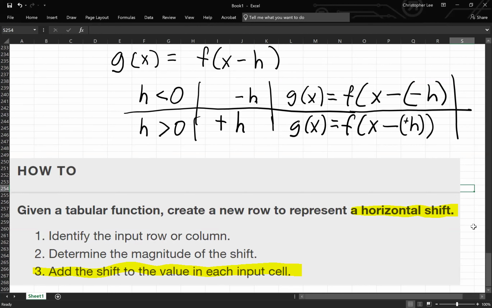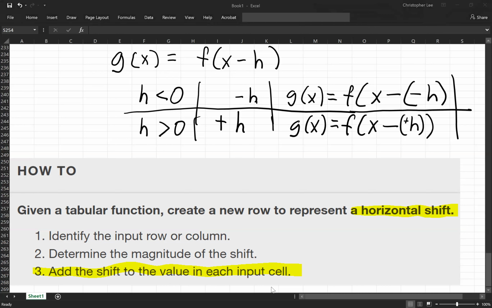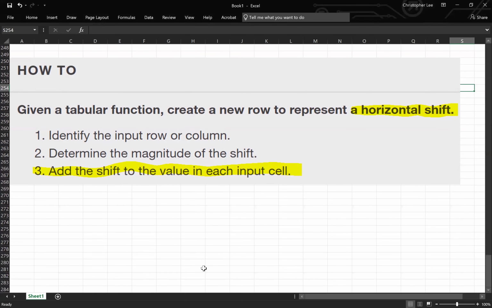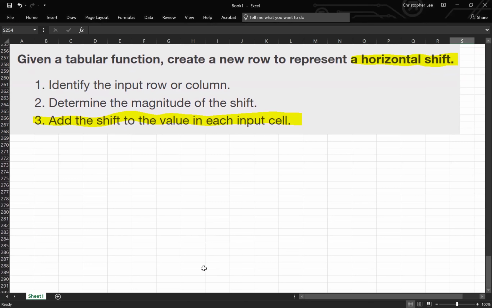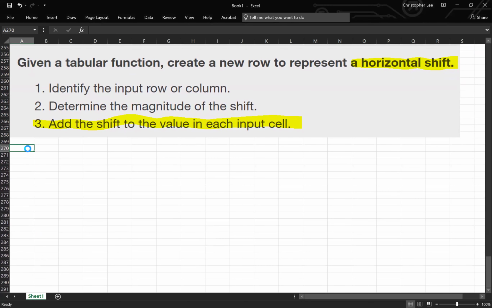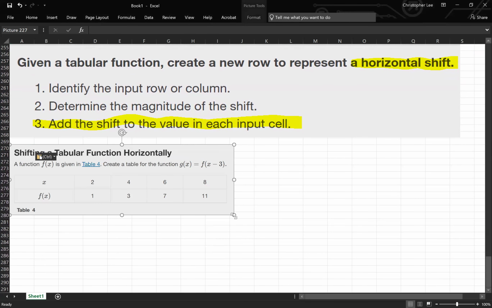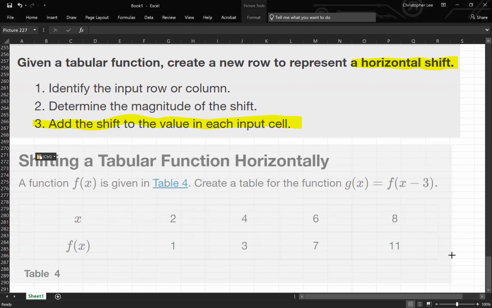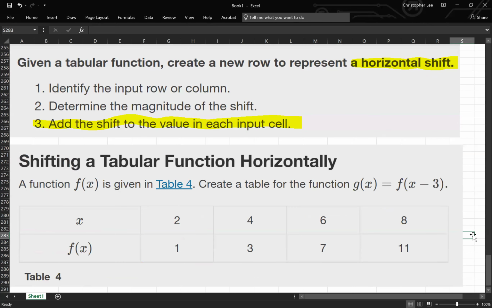And step three, add the shift to the value in each input cell. Let's take a look at an example.